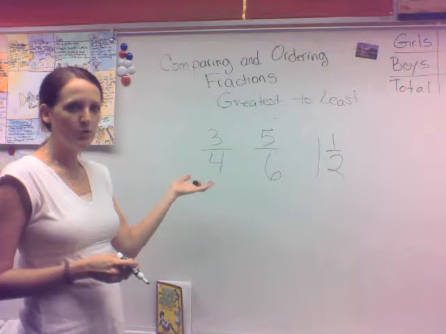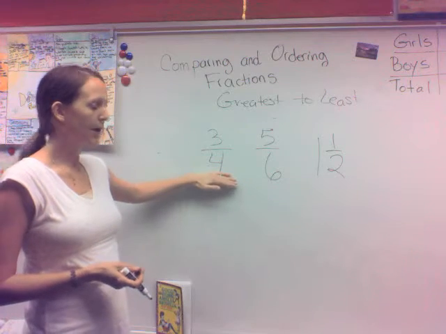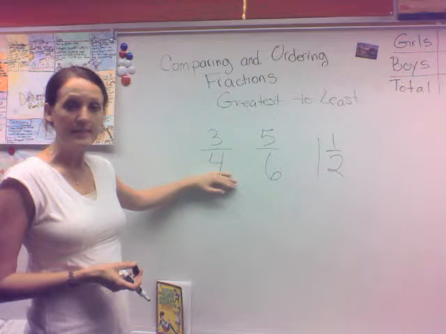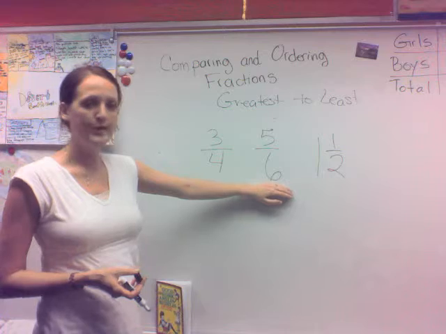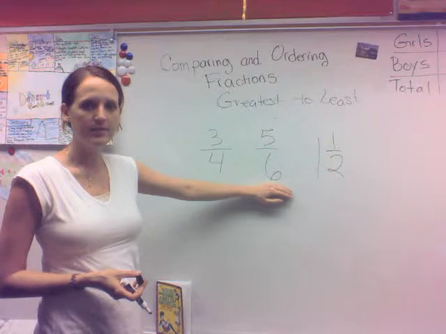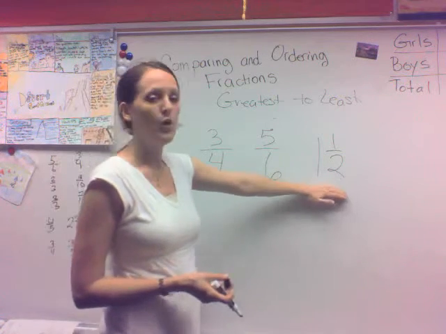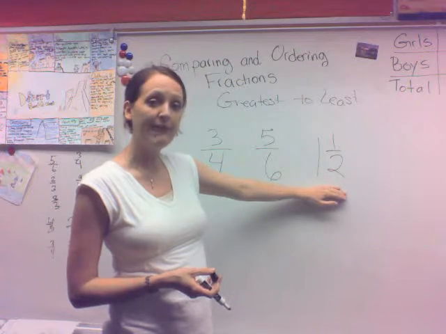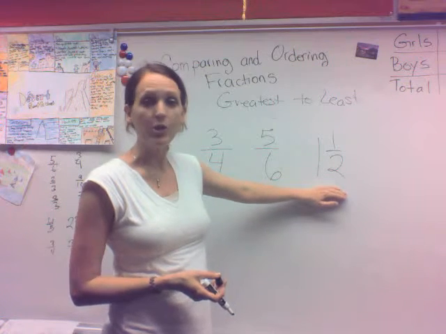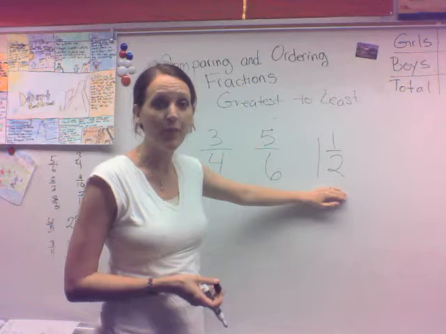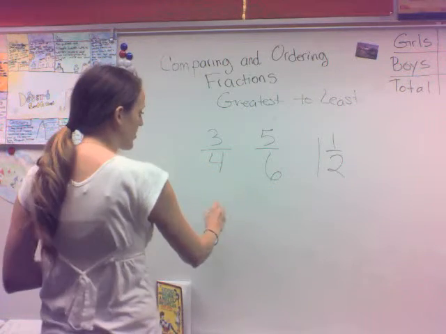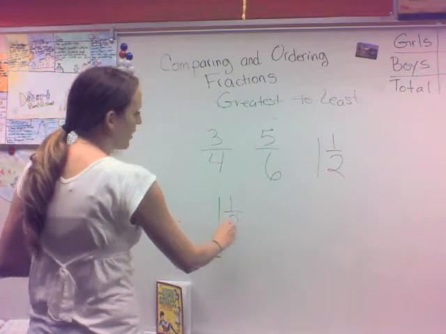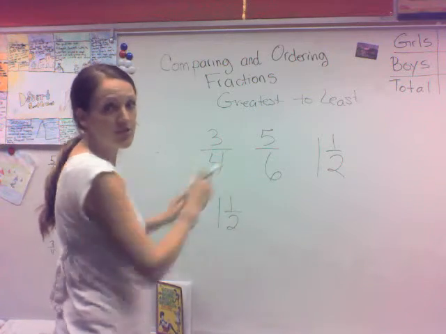It should be pretty obvious which one is greatest. What is my whole number here? 0. What is my whole number on 5/6? 0. What is my whole number on 1 1/2? 1. It's the only one with a whole number, so I know that one must be the greatest. So I get to start there, which means I only have to compare these two.